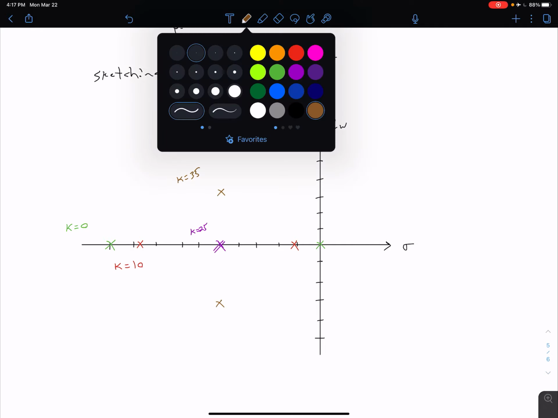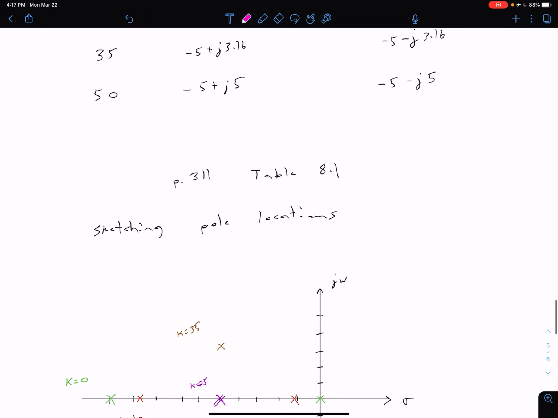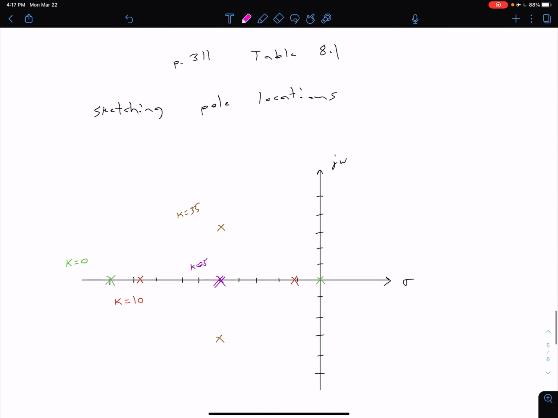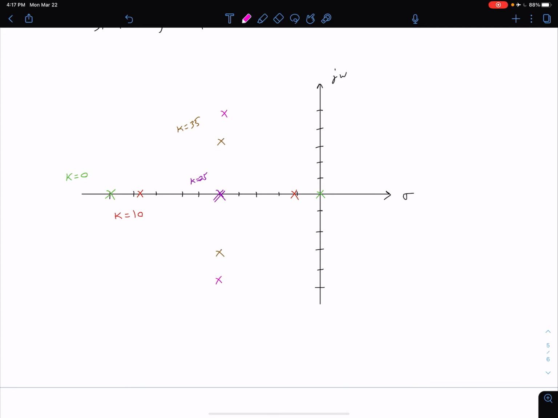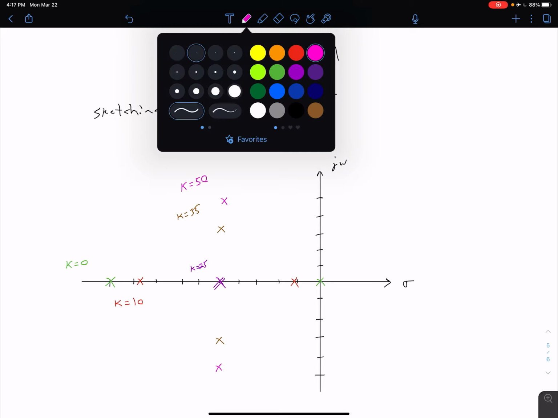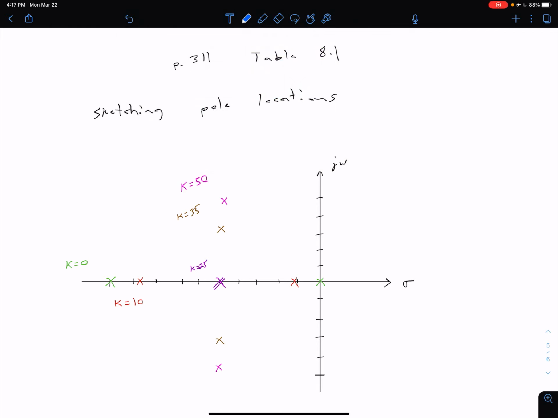And then finally, let's do pink for our gain of 50. We have negative 5 plus or minus j5. So we have a pole about here and about here. And so that's going to be our gain of 50. What we can see is that our root locus shows us the path of these closed loop poles as our gain is changing.